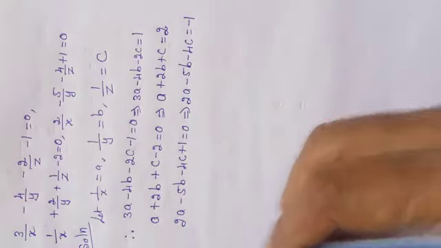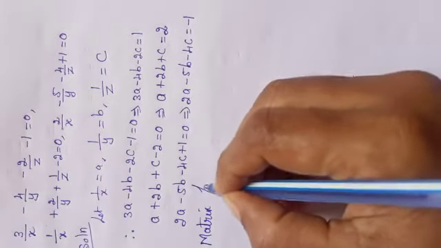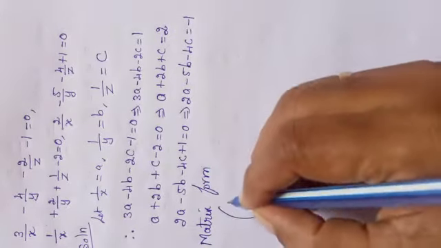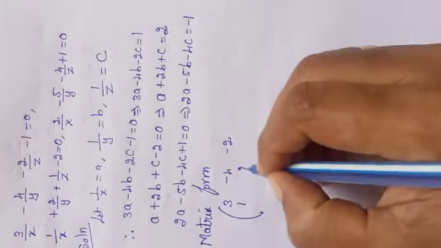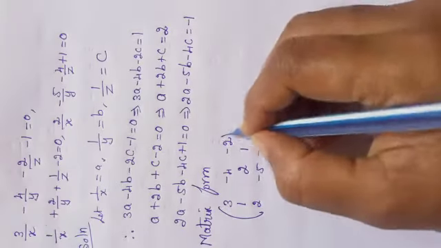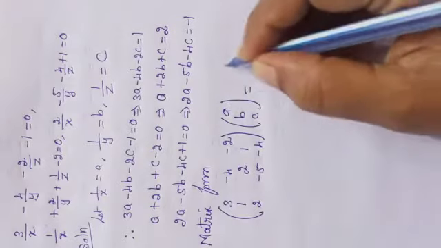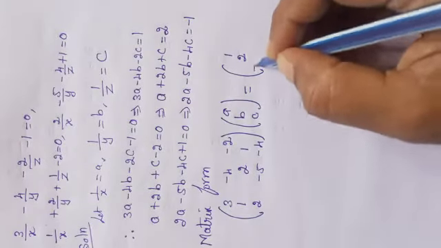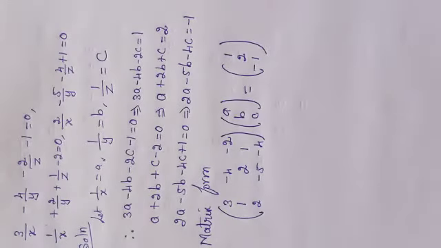Okay. Now our usual procedure, we have to write the matrix form. So 3, minus 4, minus 2, 1, 2, 1, 2, minus 5, minus 4 into a, b, c is equal to the constant term 1, 2, minus 1. After writing this, first what we should do?